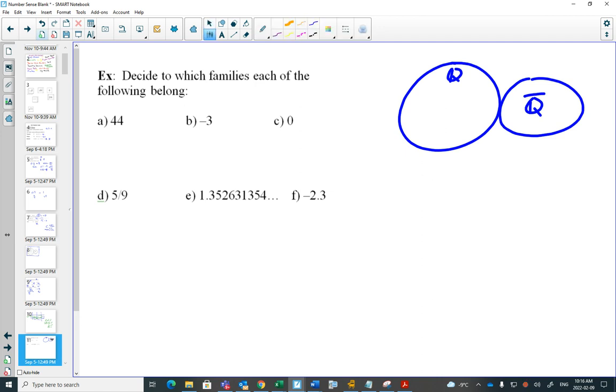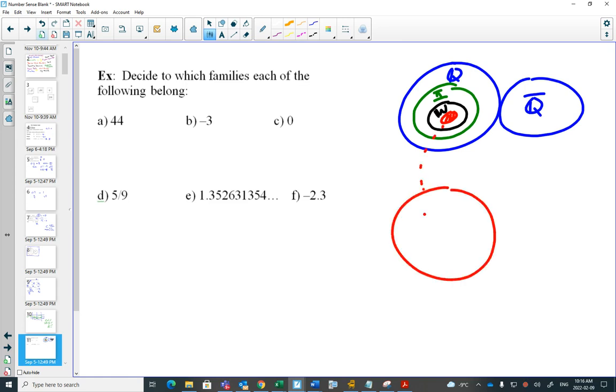Then inside, we have our integers, then our whole numbers, and finally, wow, I got too small too quick. Can you imagine that there's an n in the red one? Here, we'll zoom into that so you can see it. There we go. There's the zoom in of what's in there.